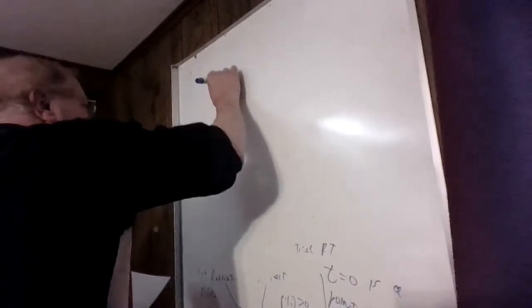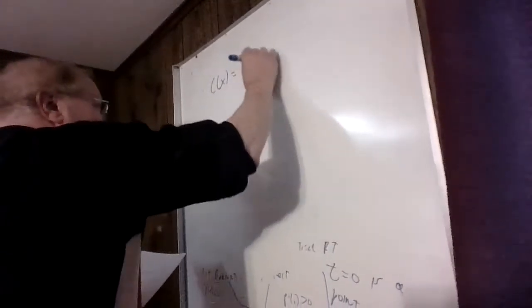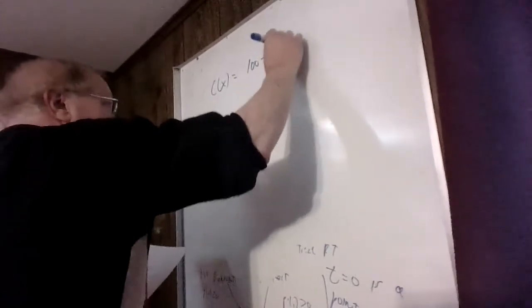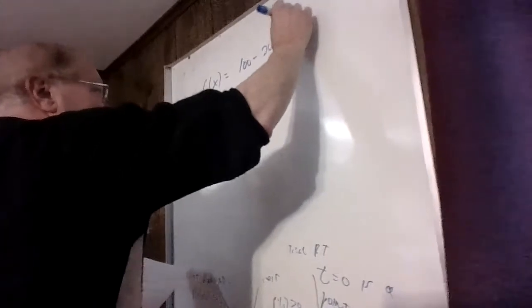Let's say you have a company and its costs are given as, let's say, 100 minus 200 e to the 0.1x.